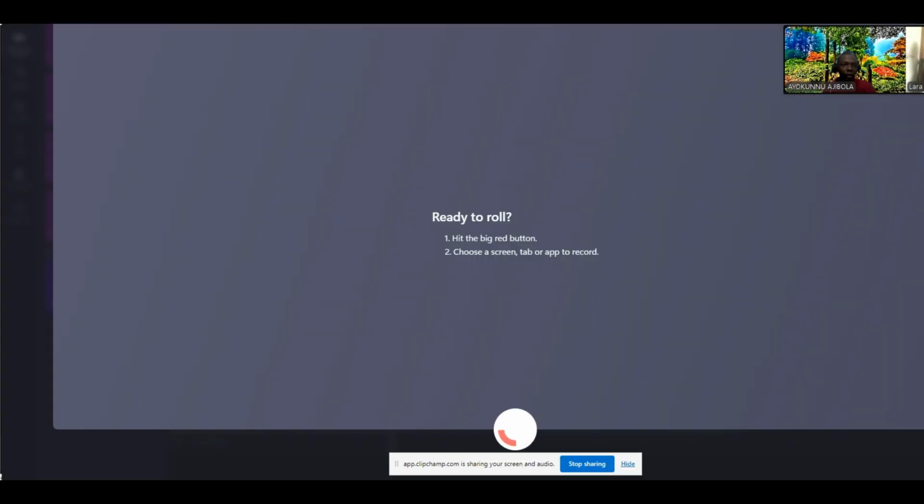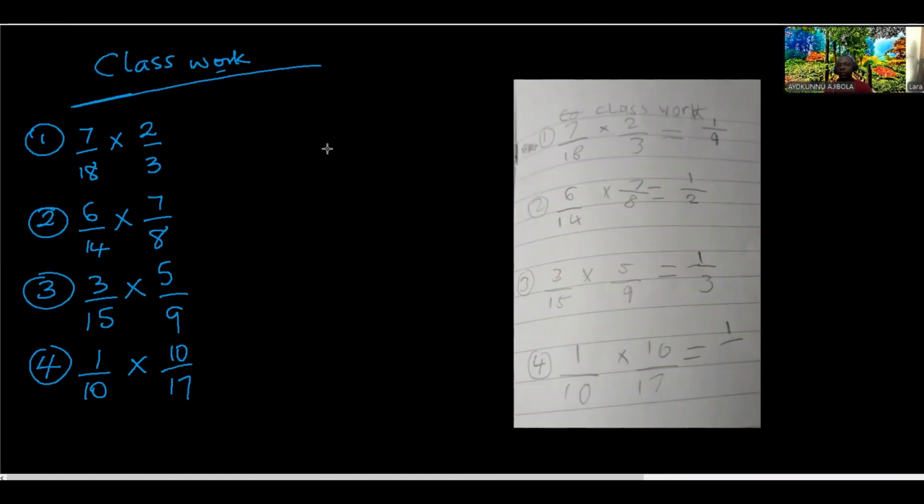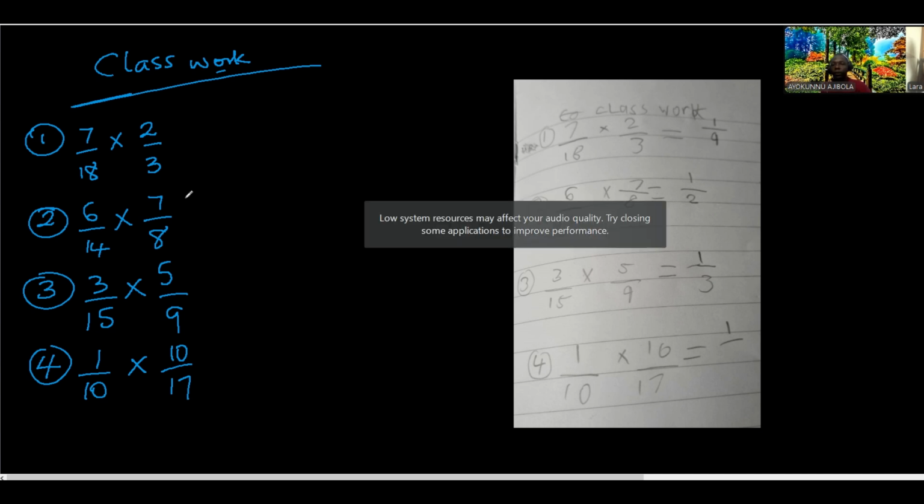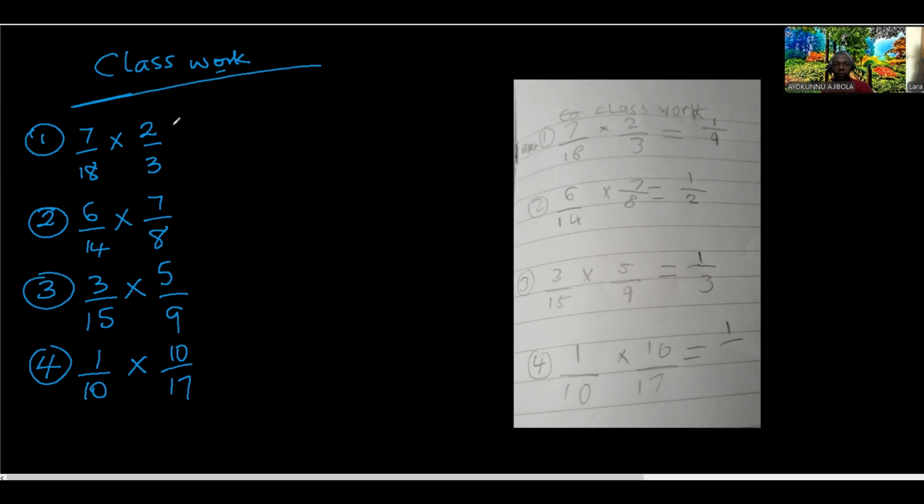The classwork, you have 7 over 18 times 2 over 3. Look at this. What number above can divide a number below? 2. And which number? 18. So 2 in 2 is 1, 2 in 18 is 9.